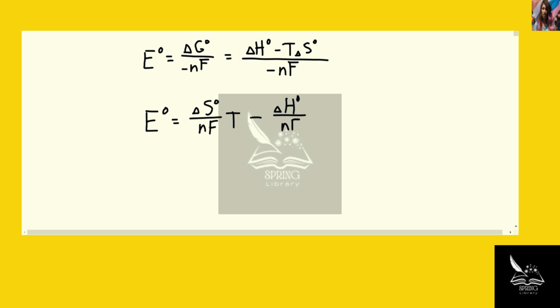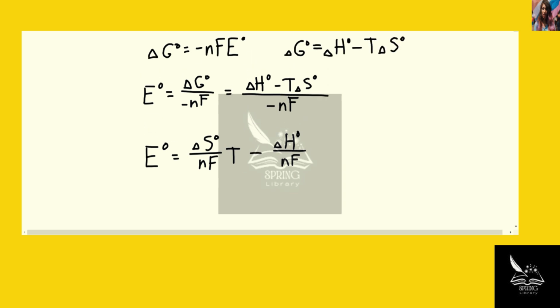Again, this was just done by further simplifying our expression for cell potential as a function of temperature. We did negative T delta S divided by negative nF to give us positive delta S over nF, and we left temperature out there since we know that it is our independent variable in the equation of a line and therefore corresponds to x in the general form, y equals mx plus b.